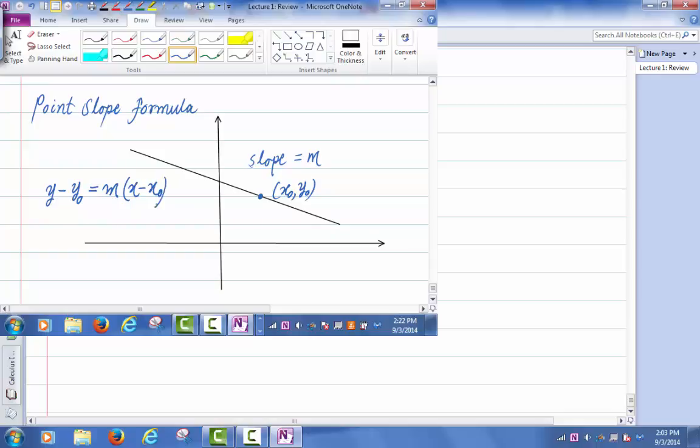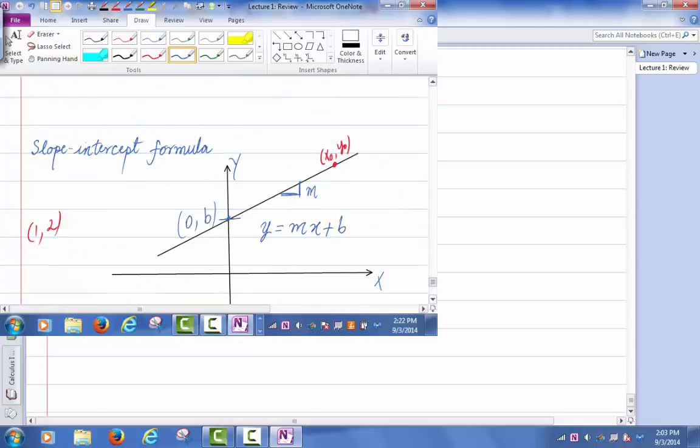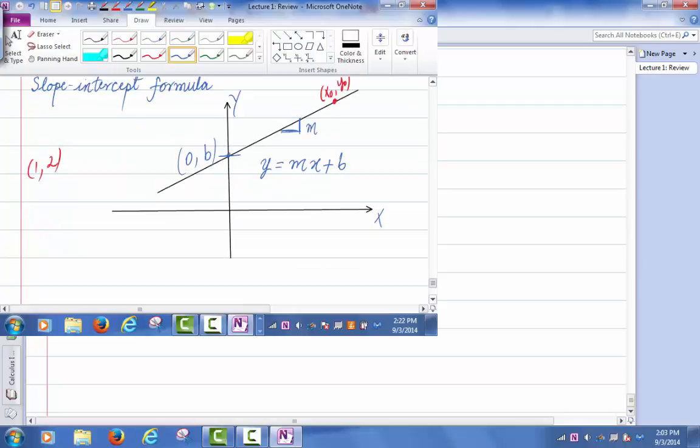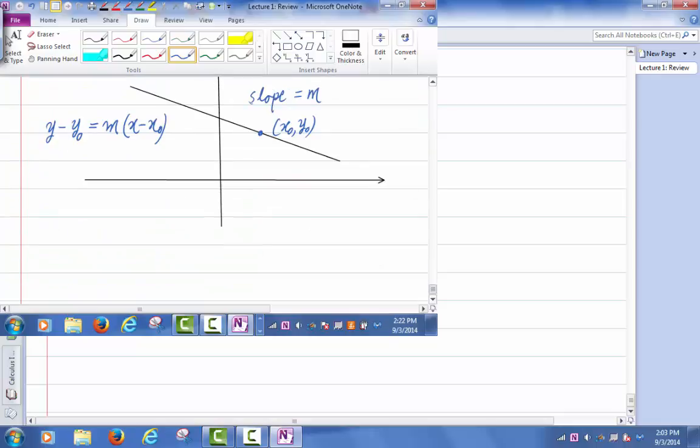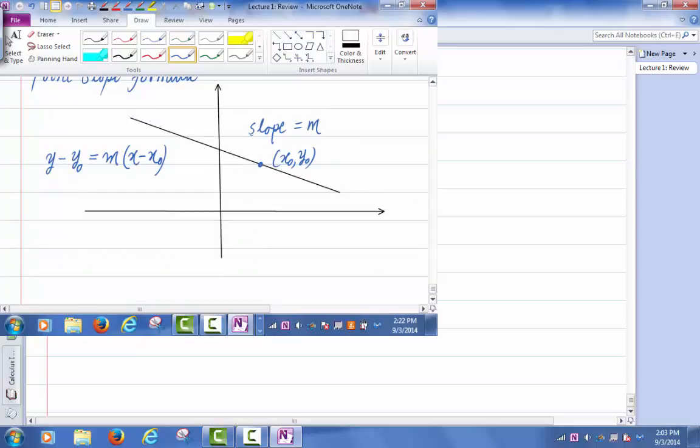In fact, if you know this formula, you don't have to know the other one. The reason is when you are given the intercept, in order to use the previous formula, you need to know the slope and the intercept. But if you're given the intercept, you're basically given a point on the line, so you can actually use the other formula to write down the equation.